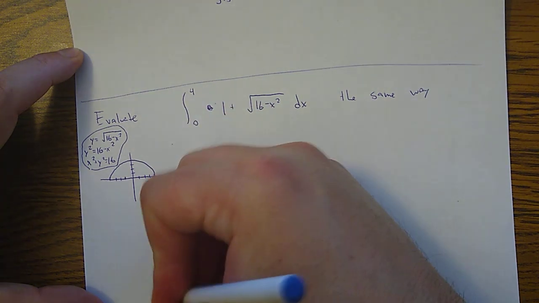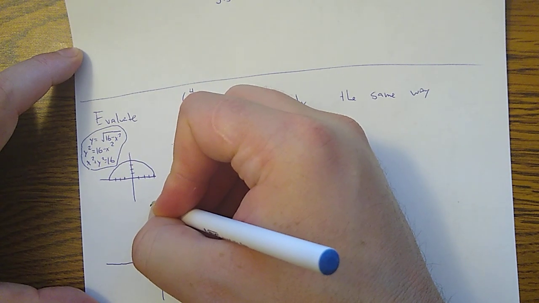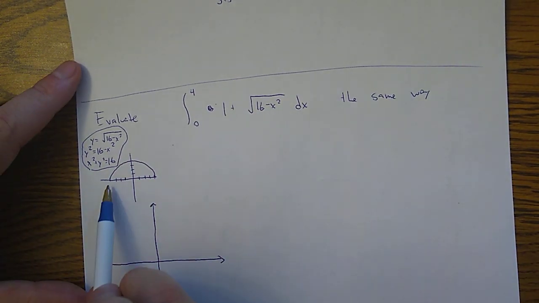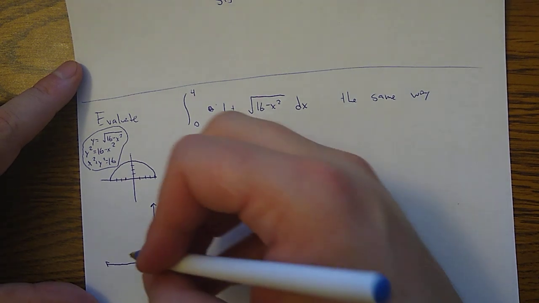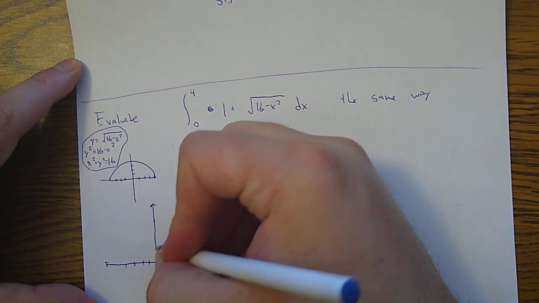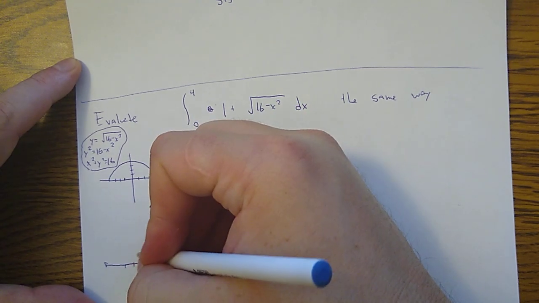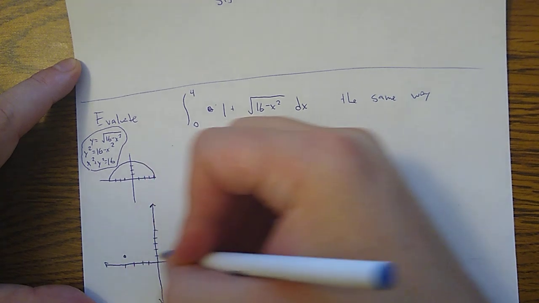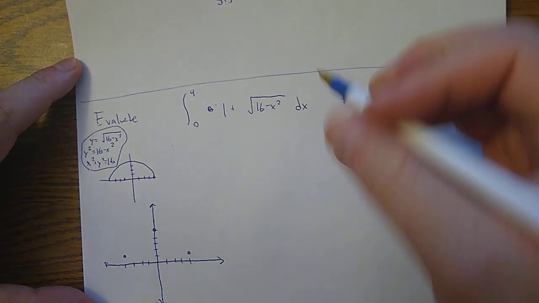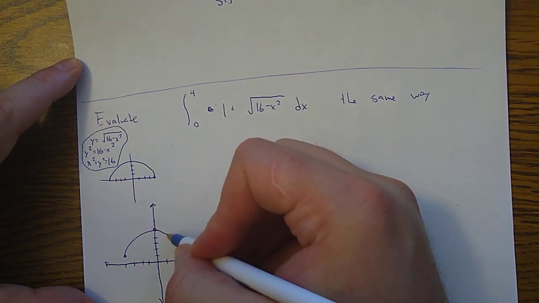So let me draw a second picture, and I'll draw this one a little bit bigger because the last one was barely big enough. It's going to be this semicircle shifted up by 1 unit. So it's sort of like this.